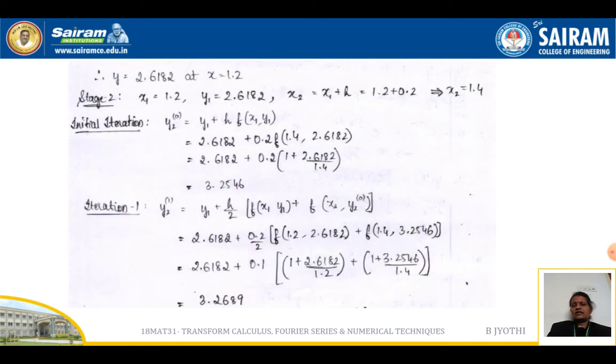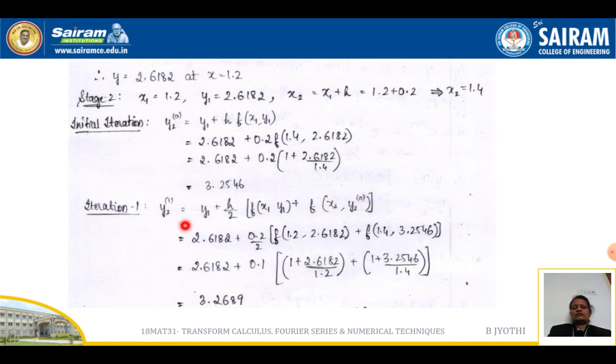Next, let's go for the second stage. In the second stage, x1 is 1.2, y1 is 2.6182 and x2 is 1.4. Same like previous stage, here it is y2 of 0. So it is computed as 3.2546, and this value is used as y2 of 0 here.